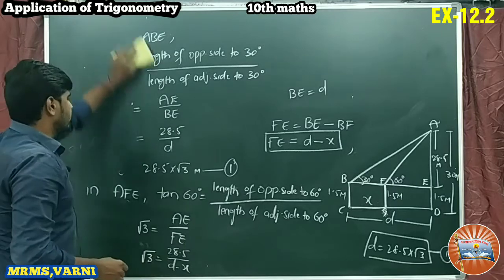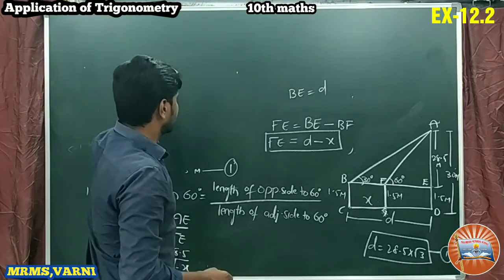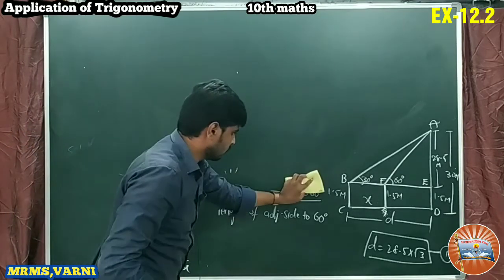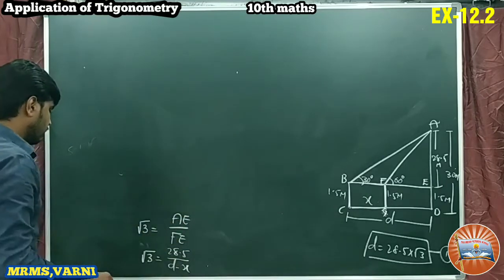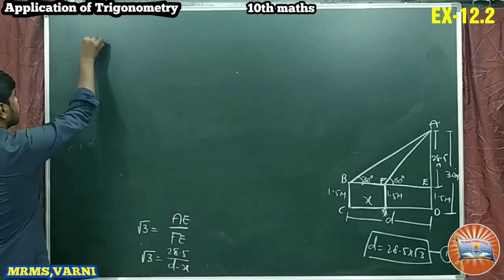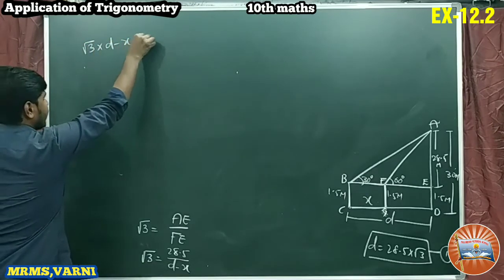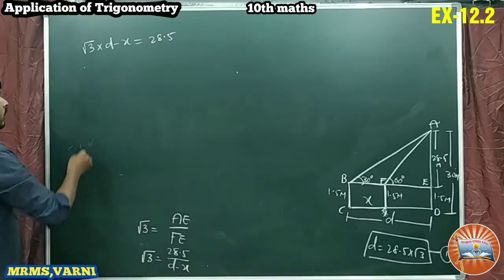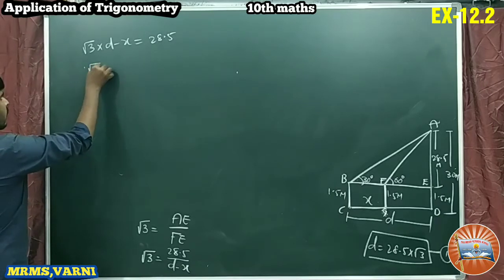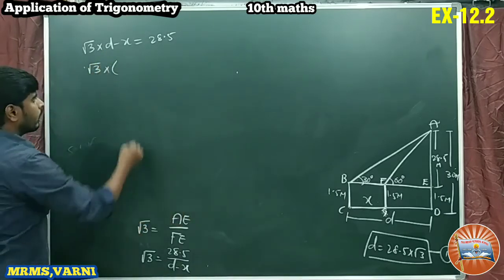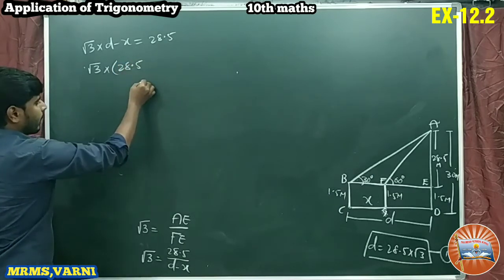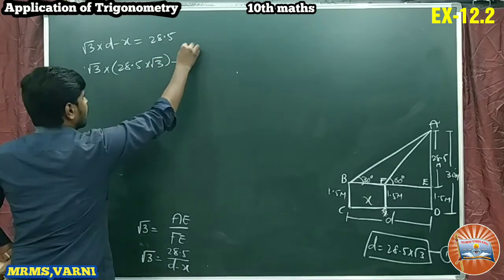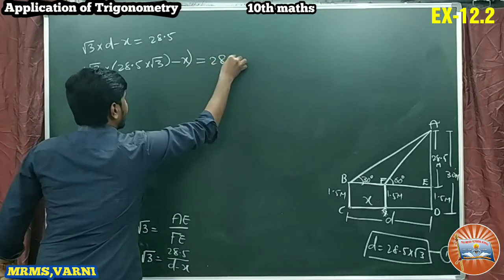Right, I'm erasing this. Let's see. Take the cross multiplication. Root 3 into D minus X is equal to 28.5. So root 3 into D value, we have 28.5 into root 3 from equation 1, minus X is equal to 28.5.